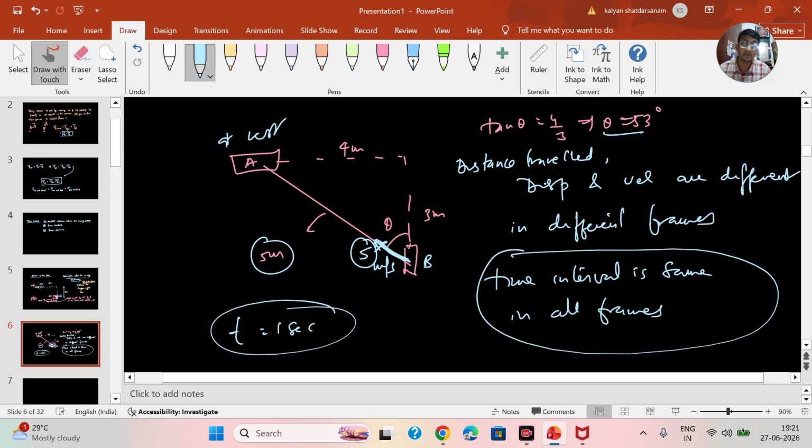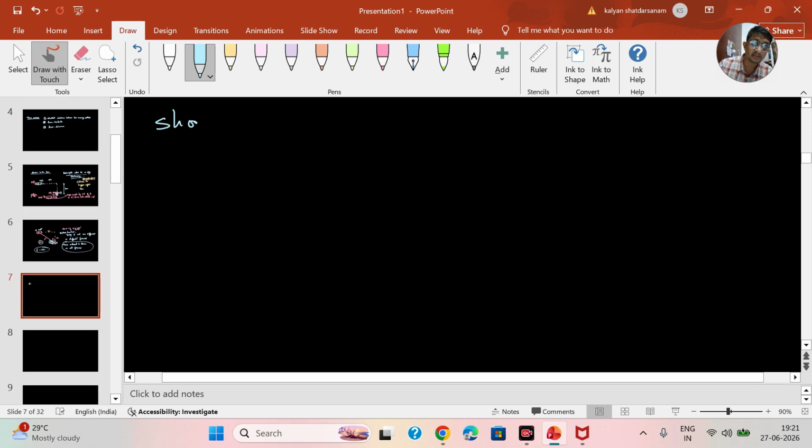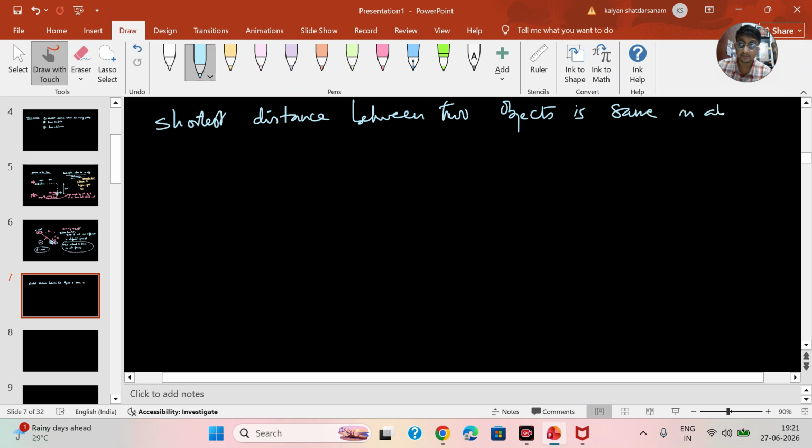The shortest distance between two objects should be the same in all frames. I'm not saying distance traveled, that's a different thing. But the shortest distance between two objects is the same in all frames. Because if two cars came closest by 1 meter in one frame, they should come by 1 meter in every frame. It cannot be different in different frames.